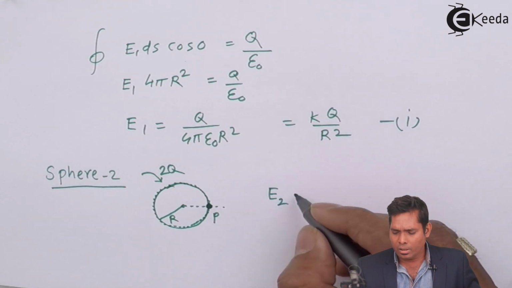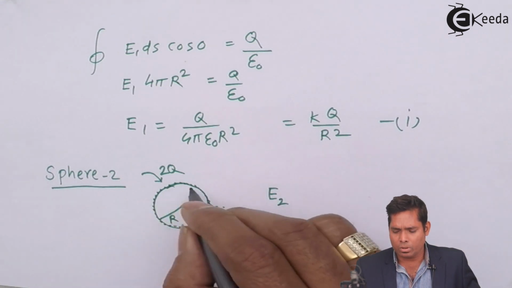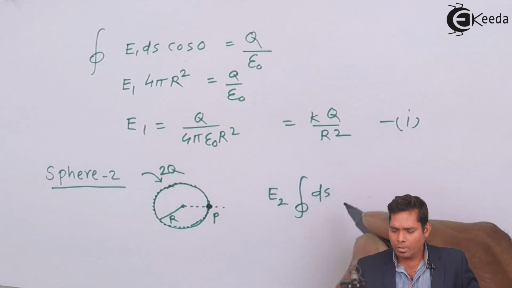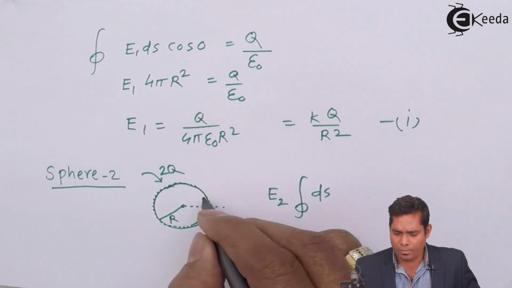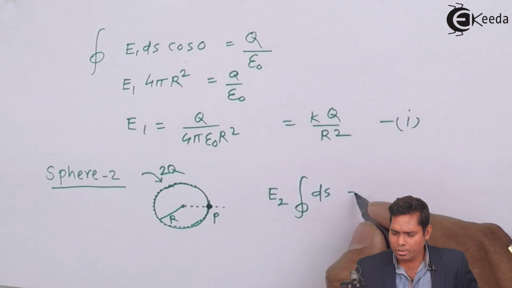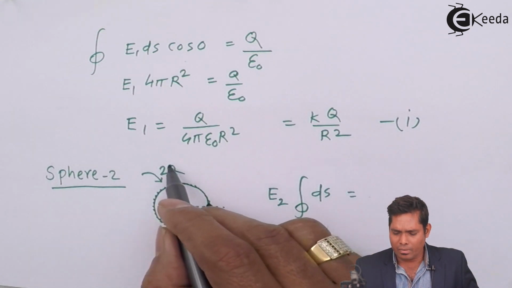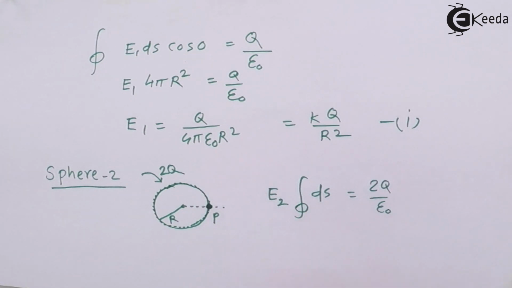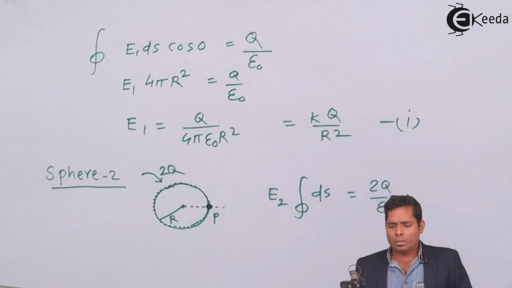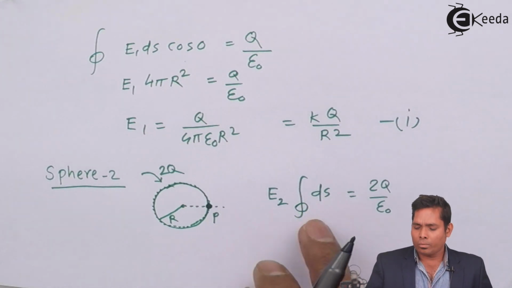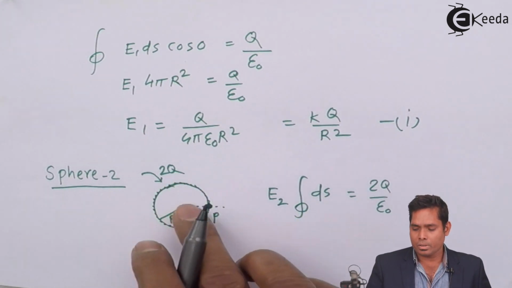E2 times the integral of ds over the closed surface, which is the dotted Gaussian surface, equals the total charge enclosed, 2q, divided by epsilon naught. This is Gauss theorem. Now the integral of ds over the closed surface will be the area of this Gaussian sphere, which is 4 pi r square.